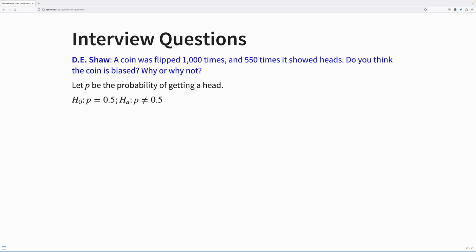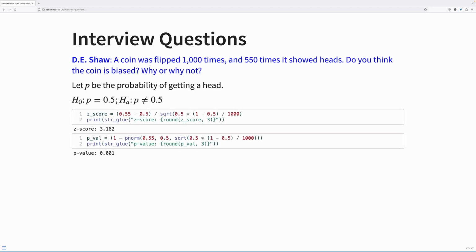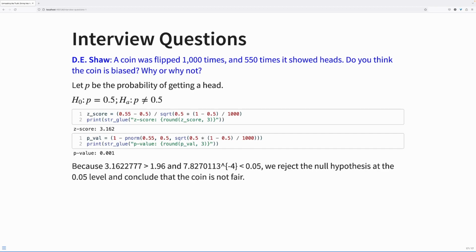This time, because our sample size is 1,000, which is large enough, we can apply the central limit theorem. Then we can calculate the z-score and the p-value. The z-score is 3.162 and the p-value is 0.001, and these values indicate that we reject the null hypothesis at the 0.05 level and conclude that the coin is not fair.